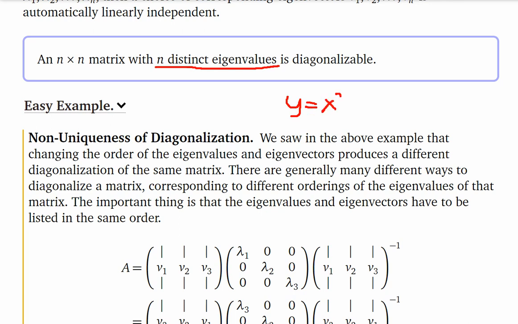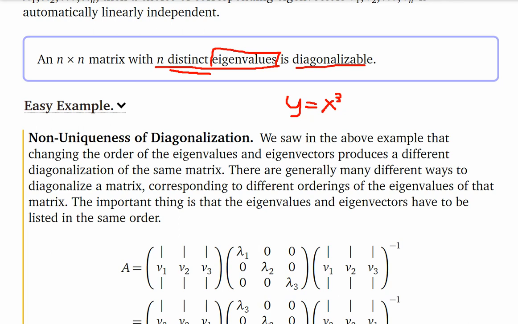So something like x cubed, when I set it equal to 0, I get 1 root, 0 as the only root, and that root has multiplicity 3. So eigenvalues also come with multiplicities. If all those multiplicities are 1, if I get all n of them to be completely distinct from all the others, then I definitely have a diagonalizable matrix.